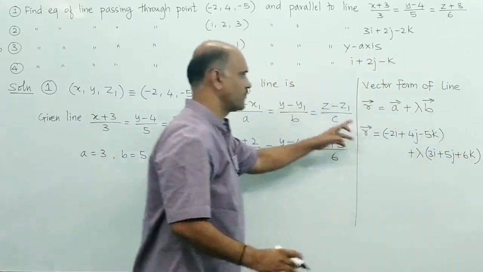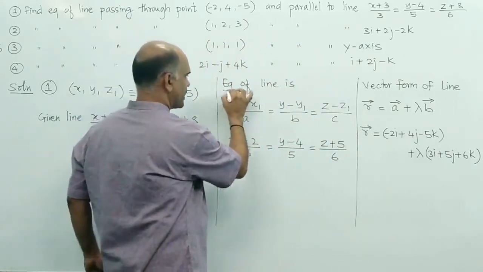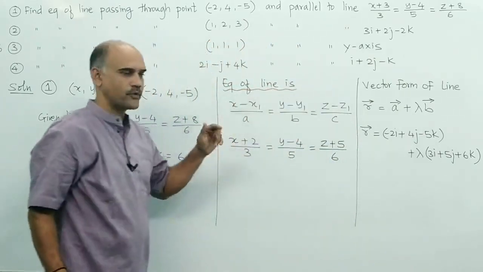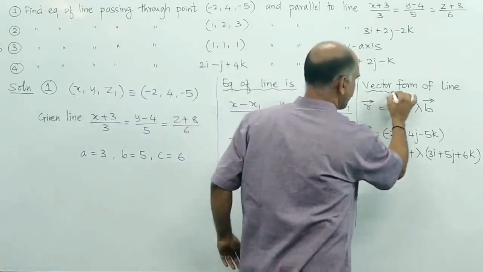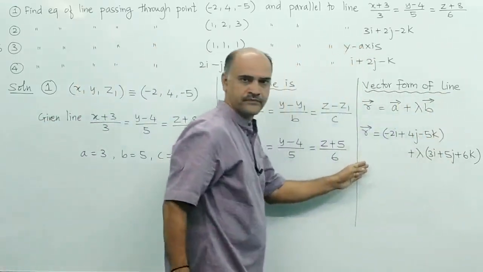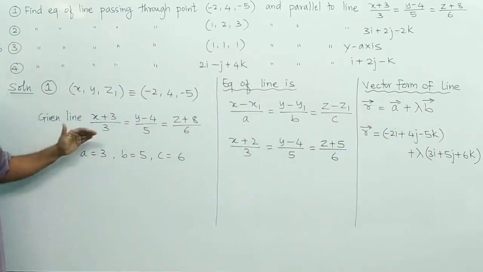This is vector form of this line. Clear students? So equation of line passing through a point and parallel to given line, and then its vector form is over here. This also will come just for 2 marks. Clear? Now we will go for the second one.